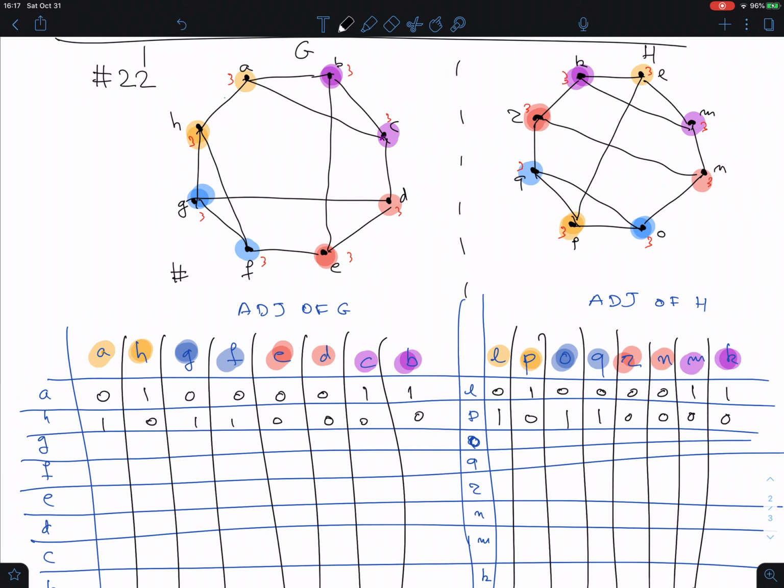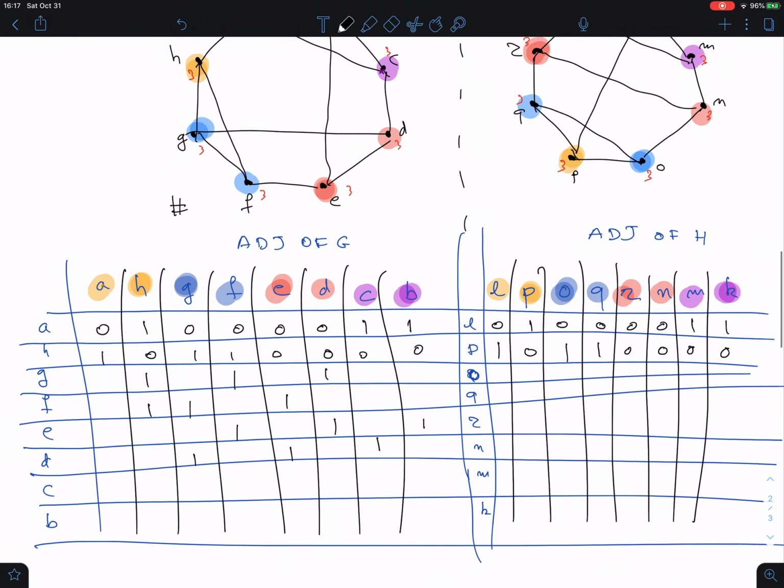The neighbors of G, I'm going to do now the rest of this side. The neighbors of G are H, F, and D. The neighbors of F are G, H, and E. The neighbors of E are F, D, and B. The neighbors of D are G, E, and C. Okay.